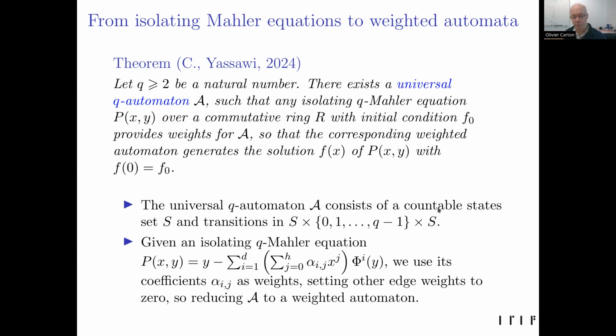So we have this universal automaton with S infinite, countable, but for any such equation only finitely many states are useful to compute the weights. And as we will see, the coefficients occurring in the polynomials of the equation are used as weights of this automaton.